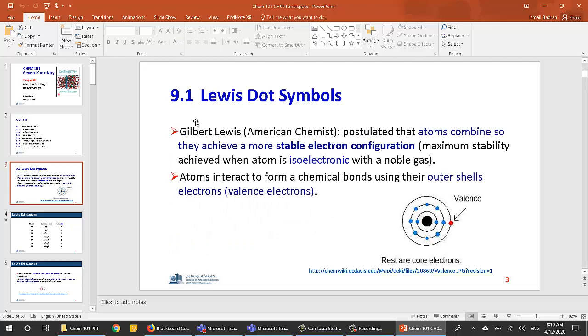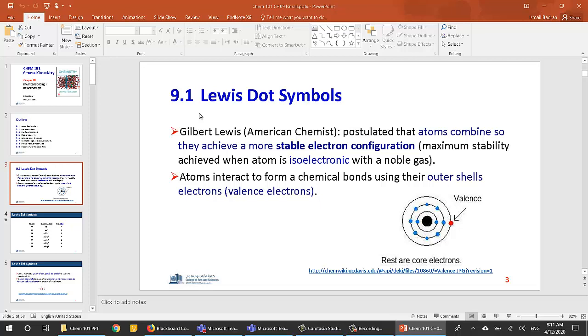Now, we talked about this, that elements love to have a stable electronic configuration similar to noble gases. Lewis, an American scientist, was the first one who postulated that atoms combine so they achieve a more stable configuration that is isoelectronic with a noble gas. For example, lithium would love to lose an electron to become like helium.